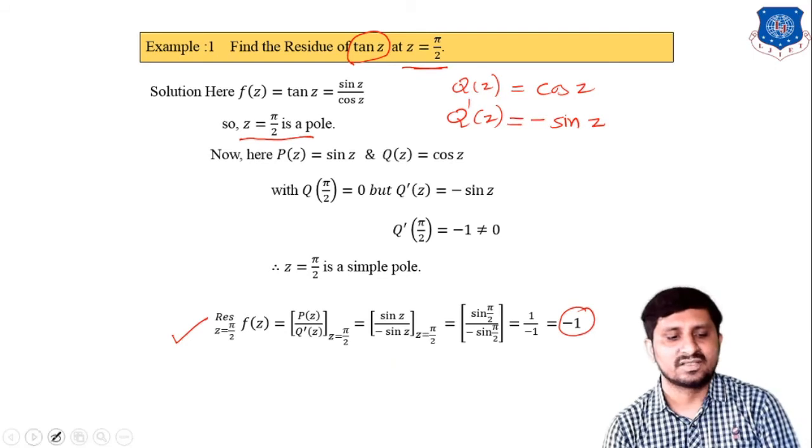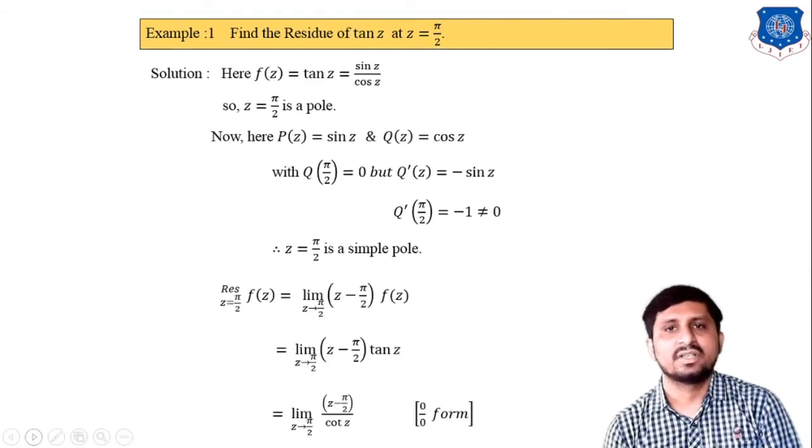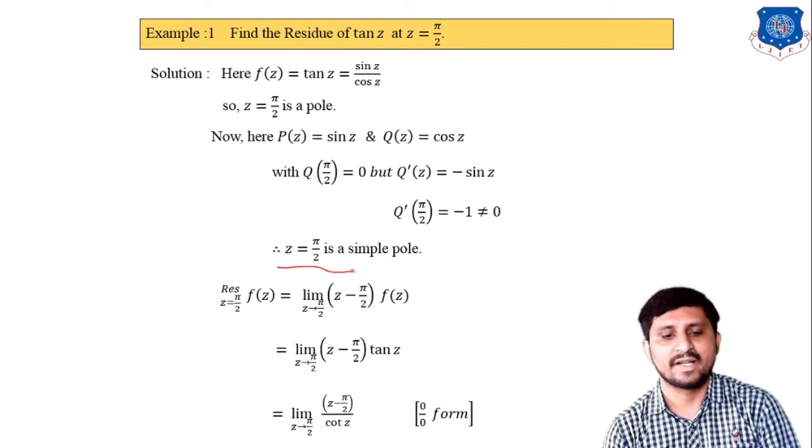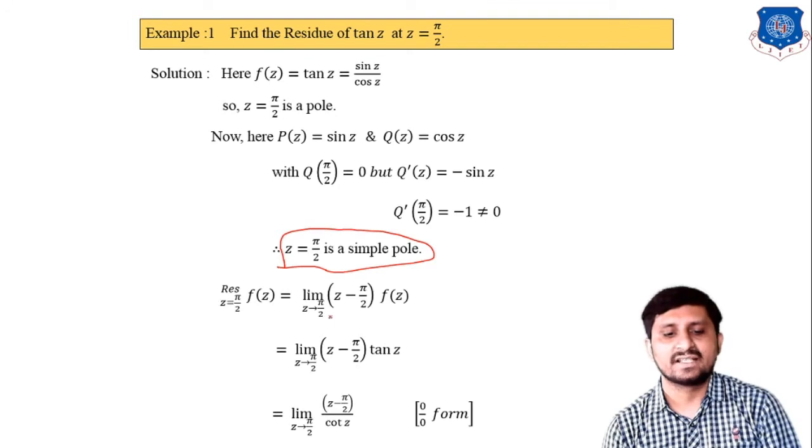Now the second method: suppose you want to find the residue with the first formula, formula number 1. Up to this point, z is equal to pi by 2 is a simple pole, which is quite easy to understand. Now the residue at z is equal to pi by 2 of f of z is nothing but the limit as z tends to pi by 2 of (z minus pi by 2) into f of z, because what is the formula?